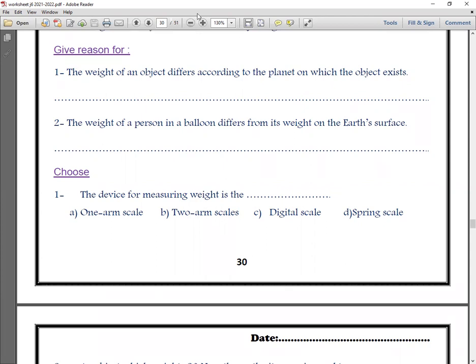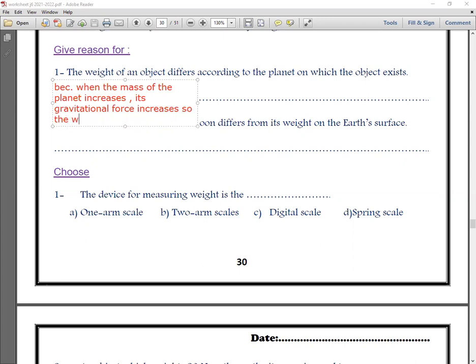Because when the mass of the planet increases, so its gravitational force increases, so the weight of the object increases.